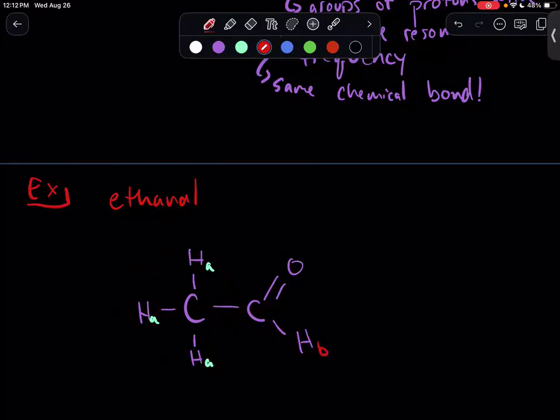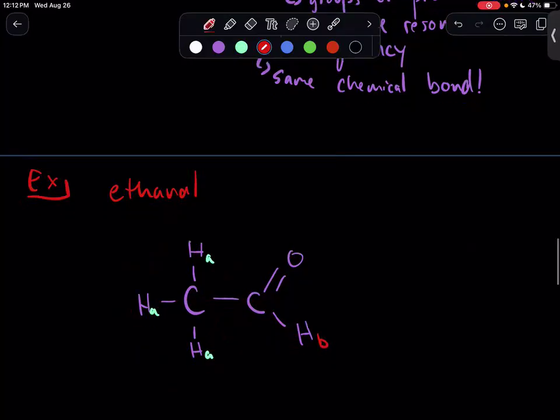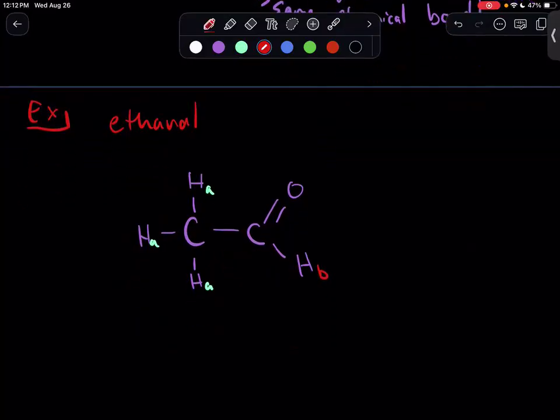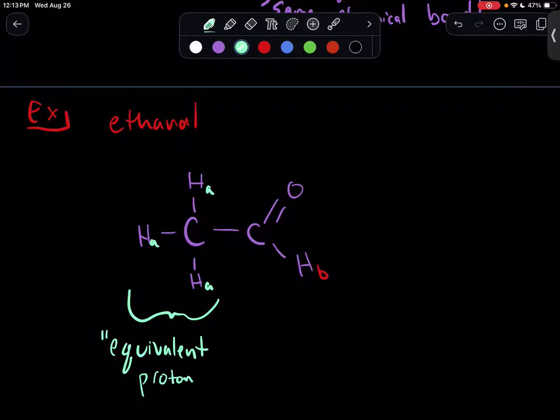Meanwhile, this hydrogen is connected to a carbon which is double bonded to an oxygen. That strong electronegative force from the oxygen creates a much more upshifted bond with that hydrogen. I'll talk about that word in just a moment. But basically, we can now see that all of A, these are what we would call equivalent protons. They all represent the same resonant frequency.